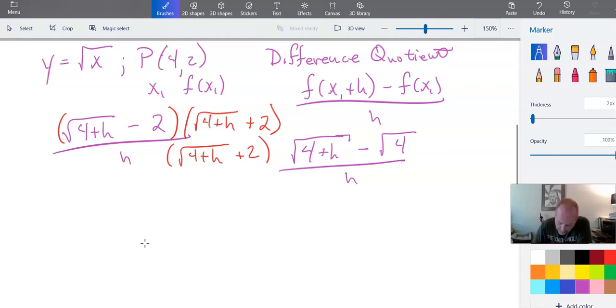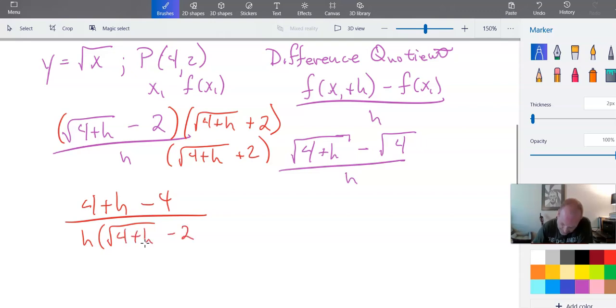Now, let's see here. If I multiply these, and remember the difference of squares, all you have to do is square the first term, square the last term, and then subtract them. So if I square the first term, that's 4 plus h, right? No root. Squaring the last term gives me a minus 4. And then in the denominator, I have h times the square root of 4 plus h minus 2, right?